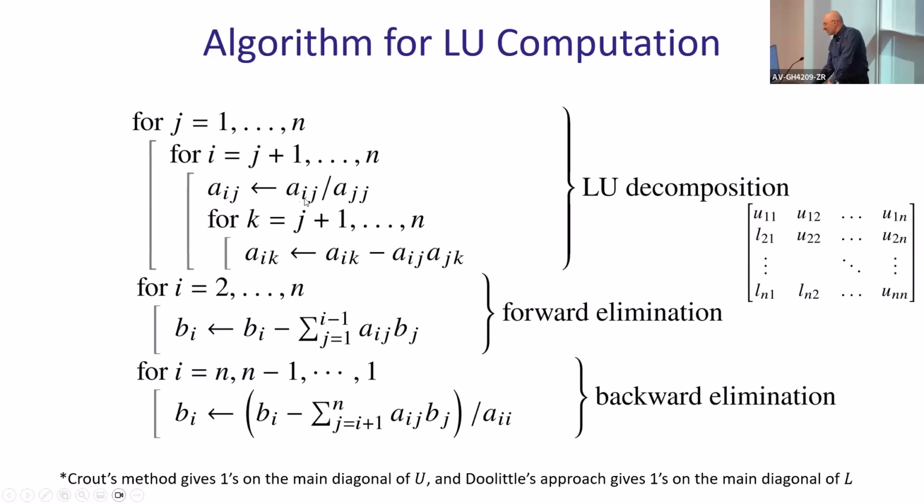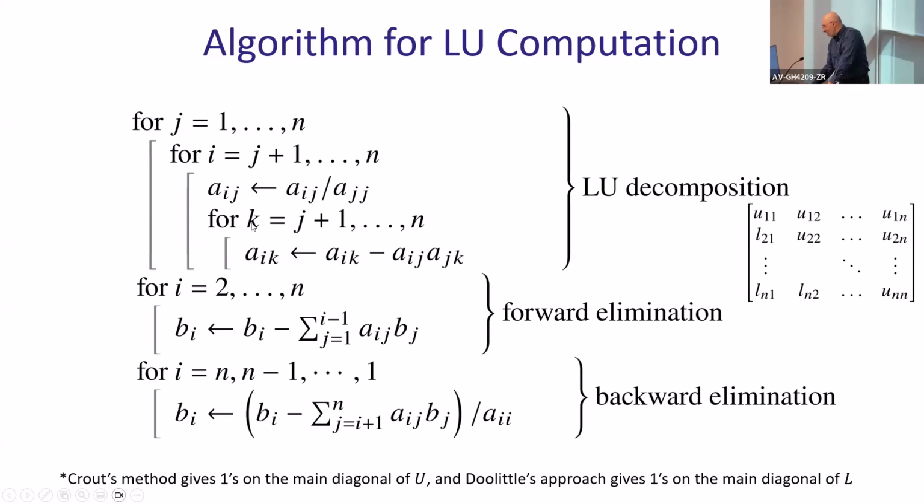And you assign to it that same value divided by AJJ, and J is 1, which means you're taking that value in matrix A and dividing by that value in matrix A to get that new value L21. So this will be L21 computed from this value and this value. You haven't changed anything here, so you touched only these two numbers to compute it.